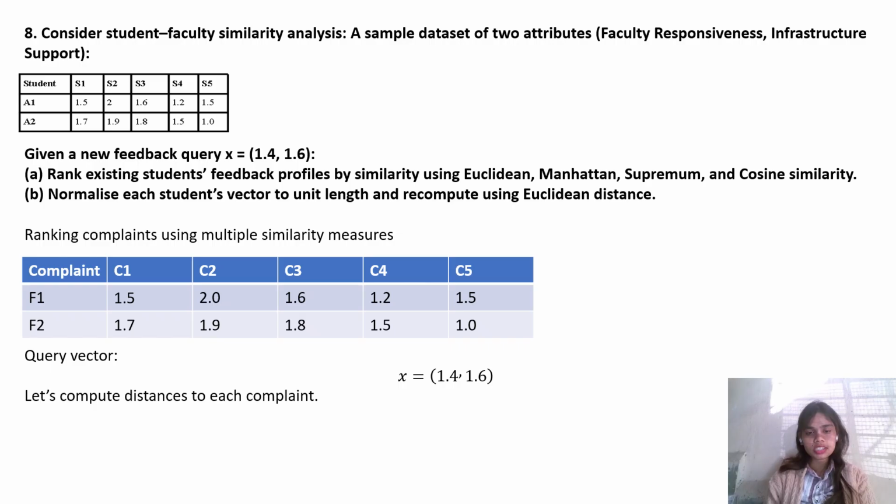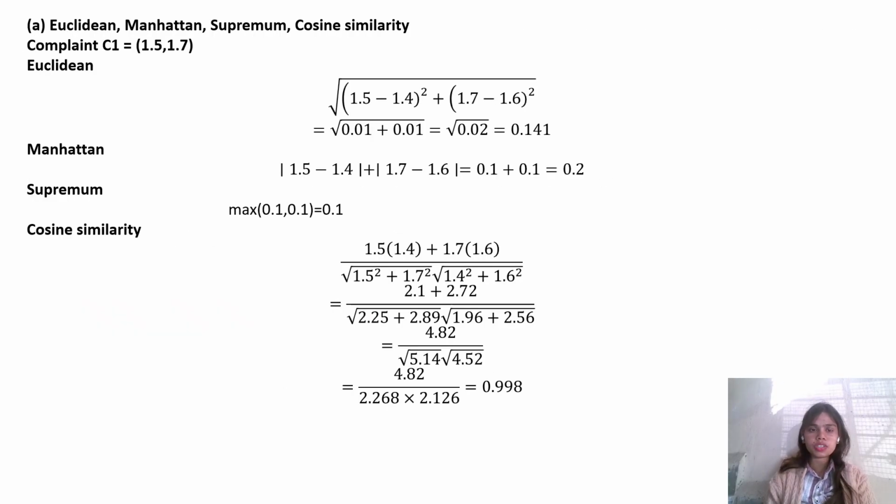Let's compute the distance to each complaint. Complaint C1 is (1.5, 1.7). Euclidean: root of (1.5 minus 1.4) squared plus (1.7 minus 1.6) squared equals 0.141. Manhattan: |1.5 minus 1.4| plus |1.7 minus 1.6| equals 0.2. Supremum is 0.1.